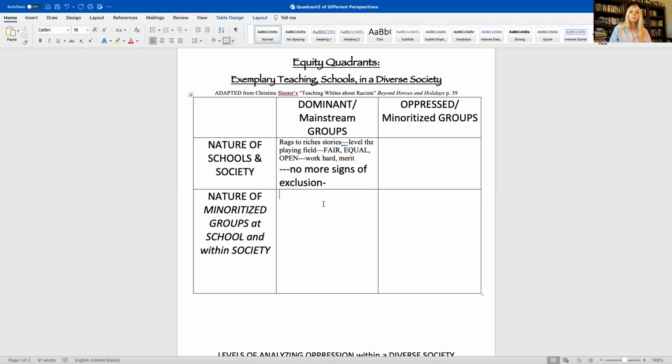It is overwhelmingly women. It's overwhelmingly primary English speakers who are of Protestant Christian persuasion if they have a religious affiliation. So this dominant perspective is very important. So from the dominant perspective, what is the nature of minoritized groups at school and within society?